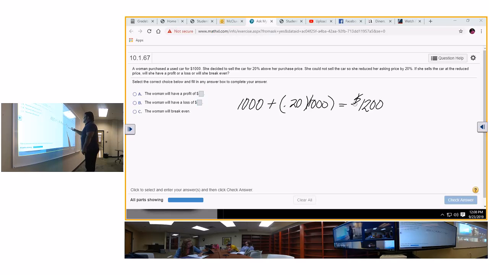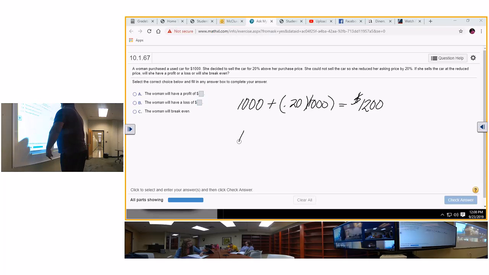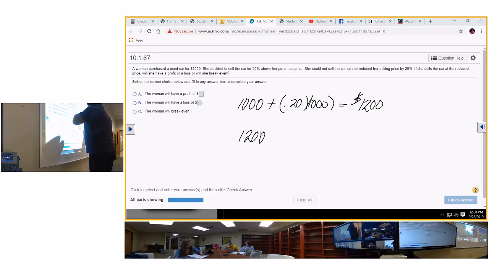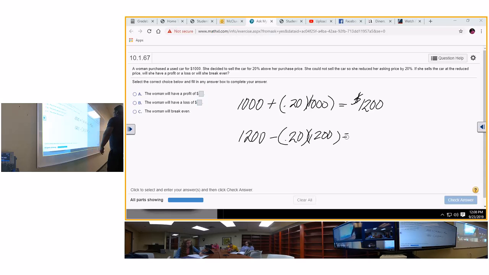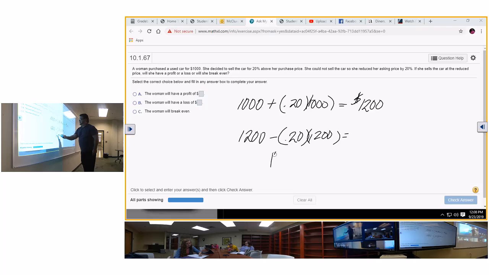She puts it out on the side of the road. Nobody buys it. So she takes 20% off of 1,200. Minus 20% of 1,200. 10% is going to be 120, so 20% is 240. So that's going to be 1,200 minus 240, which is going to be 960. Somebody help me out there. 960?